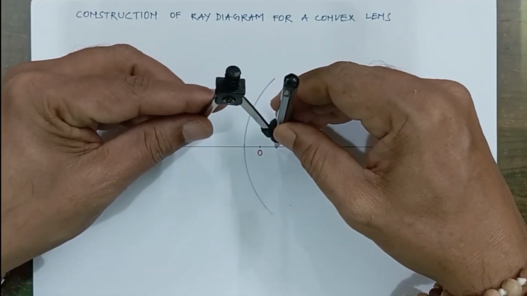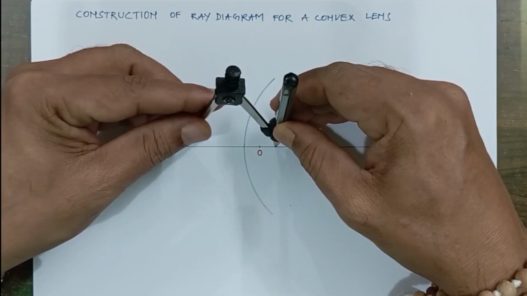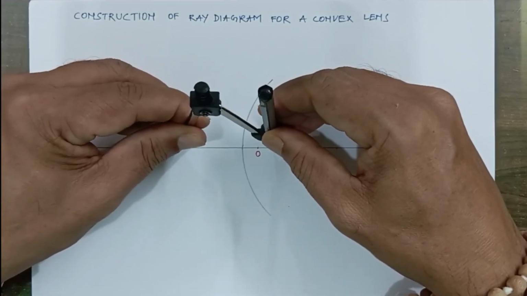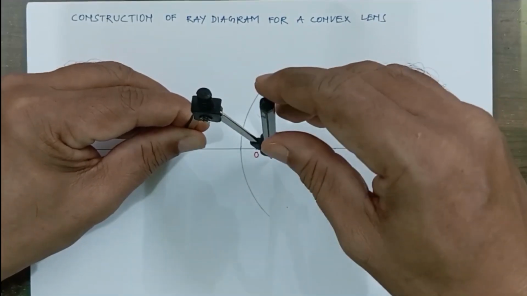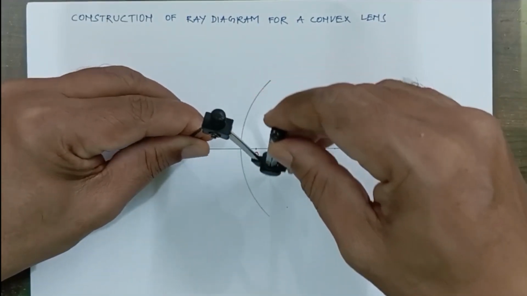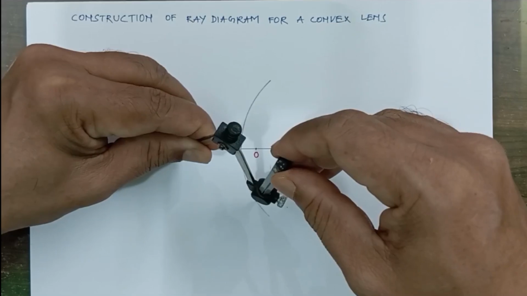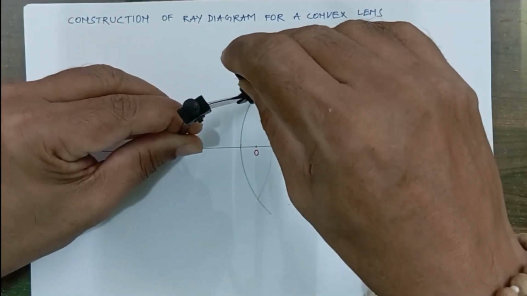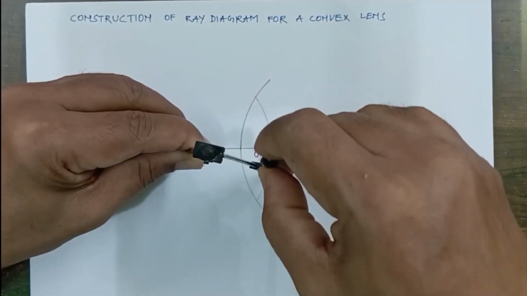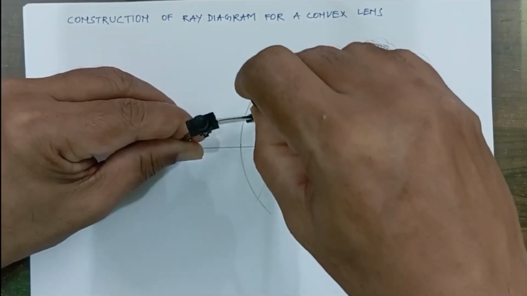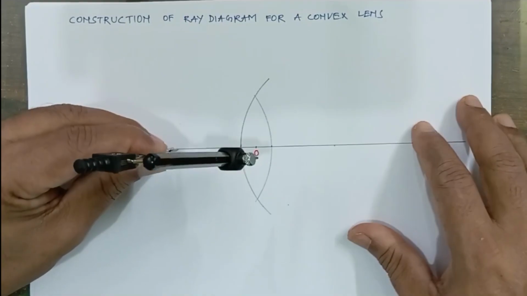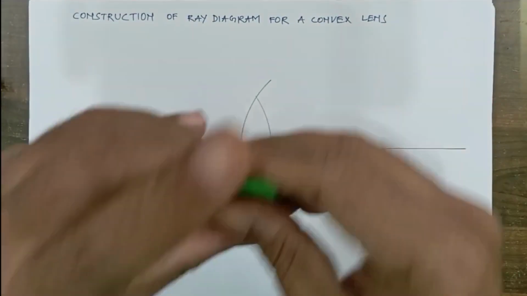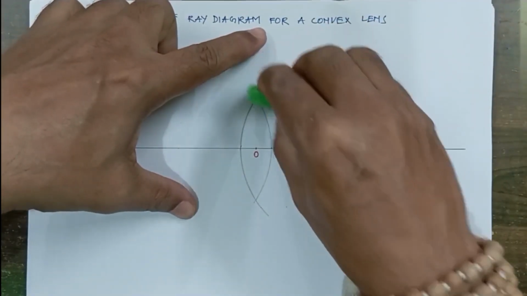Now match the pencil point with the 1 centimeter mark we have marked on the other side of the optical center, and draw the second refracting spherical surface using the same radius. Okay, so we have a convex lens now.